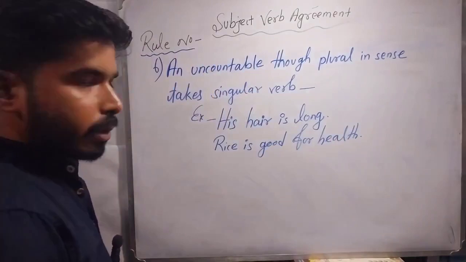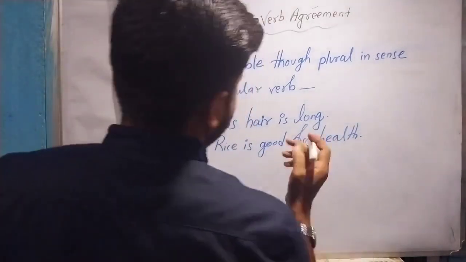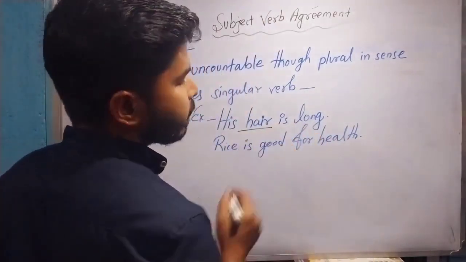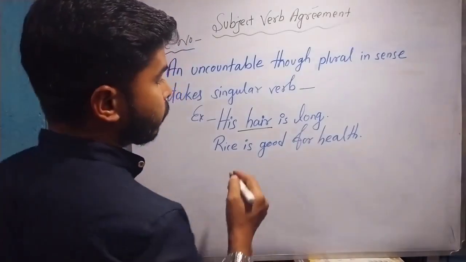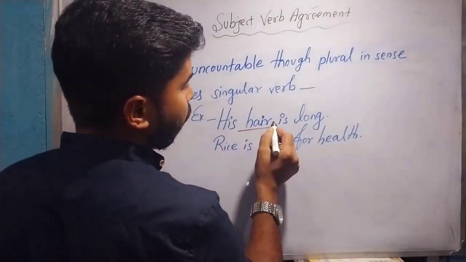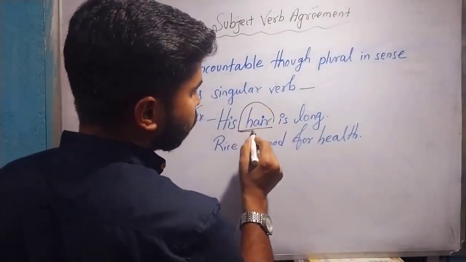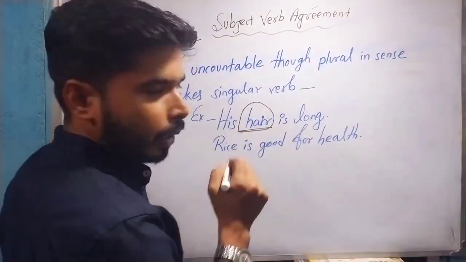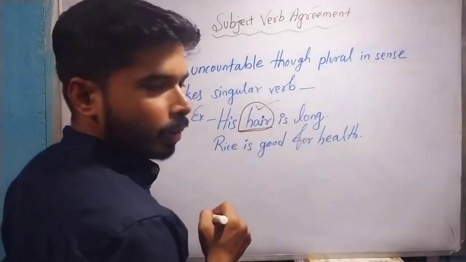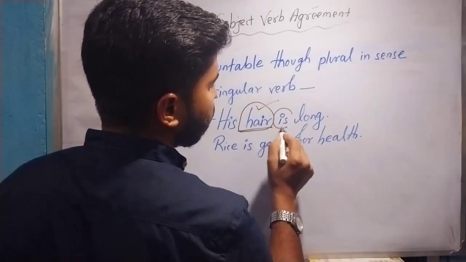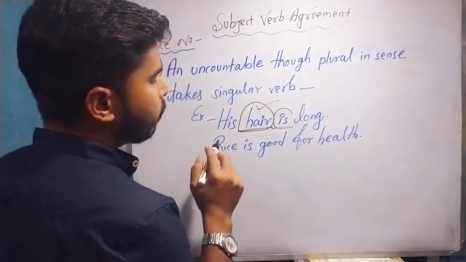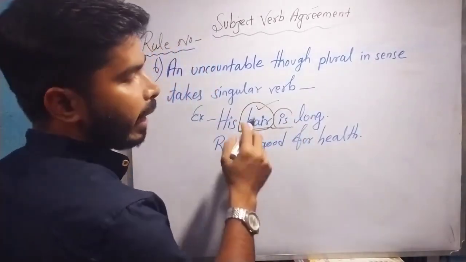If you notice here, the subject is hair. Although this refers to an uncountable noun and is plural in sense, the subject will always be singular. We can't write his hair are long.